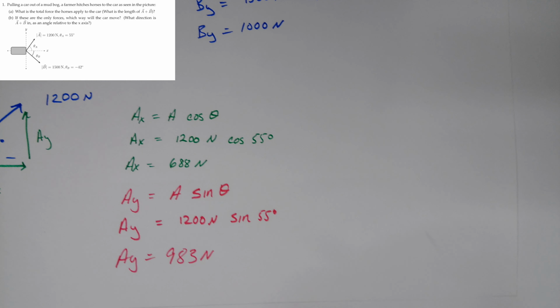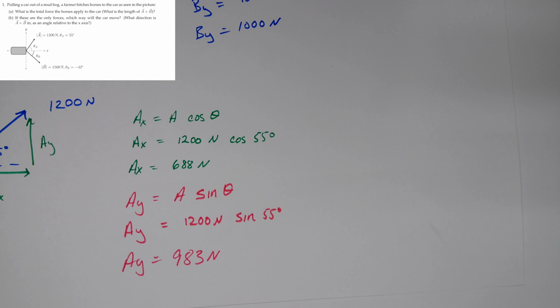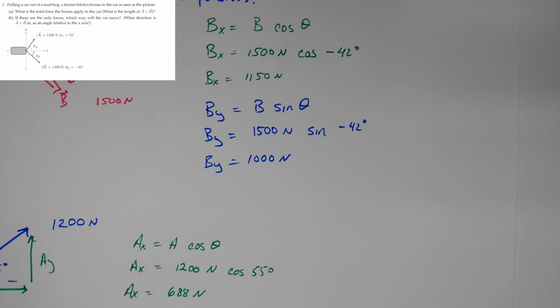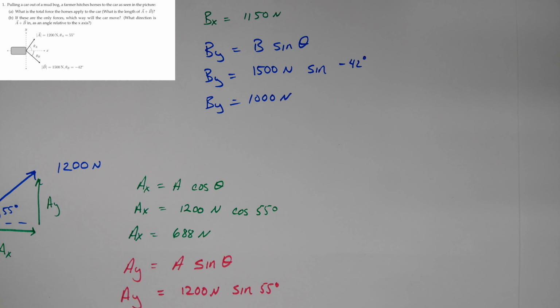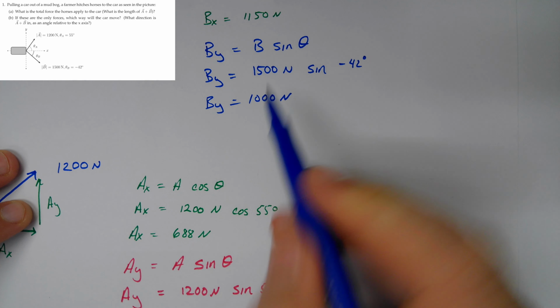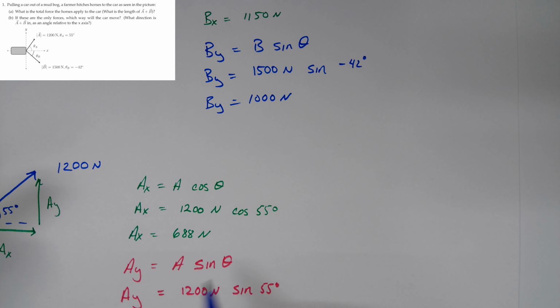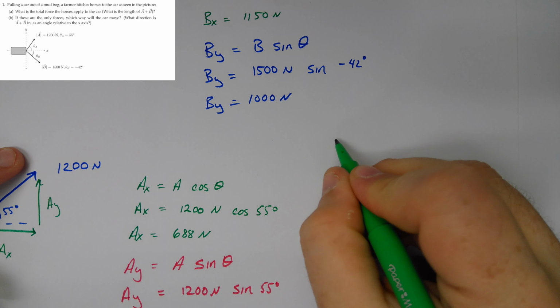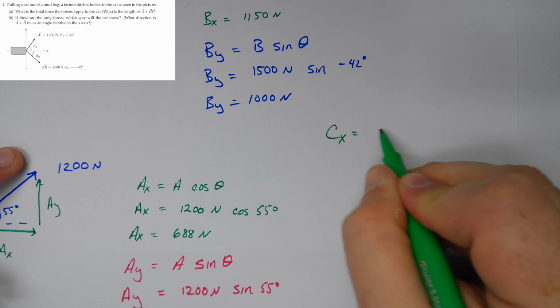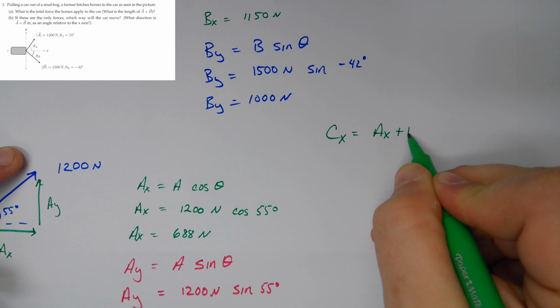We need to add what A sub x and A sub y are to what B sub x and B sub y are. So if we're careful, we can go through, note B sub x is 1150 and A sub x is 688. So we can go through and say our sum, C sub x is going to be A sub x plus B sub x.